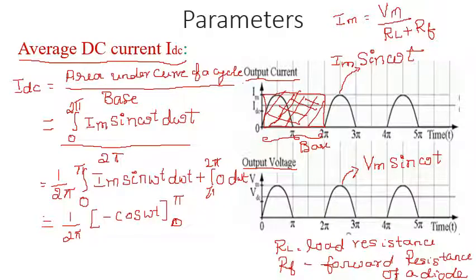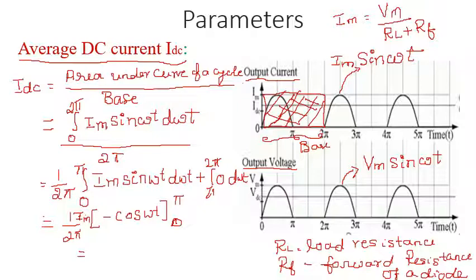Im is a constant, I am taking it outside. The integral of sin omega t is minus cos omega t.